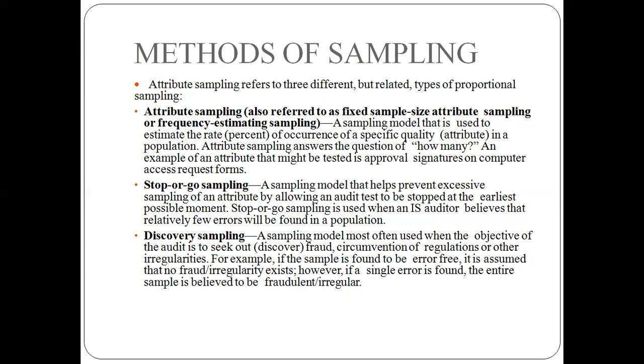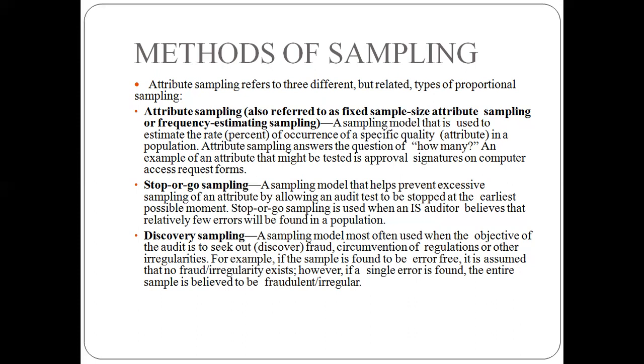Maybe out of the 10, just 8 have the complete authorizing signatures. Then the auditor will start asking questions about the other 2 that did not. So we can say the business is 80% compliant and 20% non-compliant, and we can start investigating what went wrong with the 20% non-compliance.